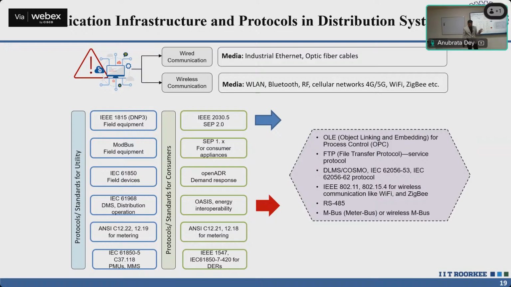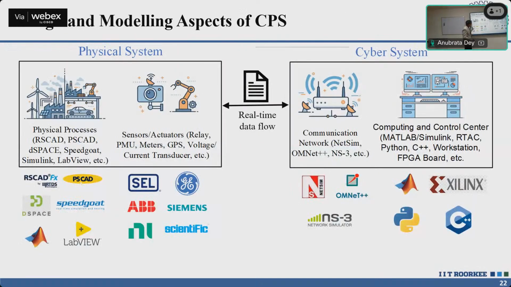This is another protocol developed in the US. It is a US based protocol. Same way for metering purposes, the utility can use this protocol and the consumer side can use this protocol. Okay, so I am not going to discuss it now.